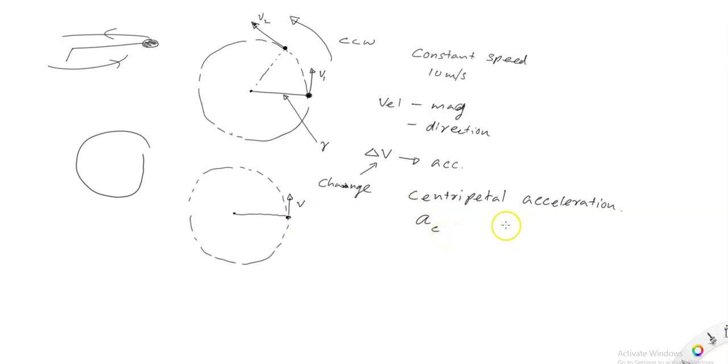Sometimes we just write it as A, but it's better to write it as AC, acceleration centripetal. We mark the direction towards the center. So this is very important that you remember this. Centripetal acceleration AC is towards the center of the circle.